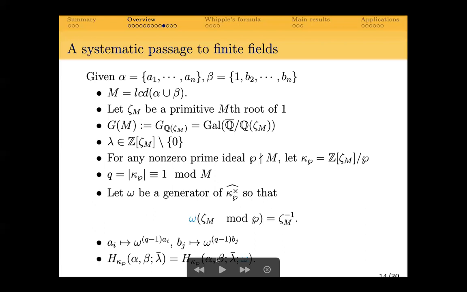If I define it this way, the definition is independent of how I pick the omega. The value will always be the same. So this is a systematic way, depending only on which prime I use, as long as everybody agrees to the common rule. We will get a way to assign a finite field analog to any finite field coming as a quotient.